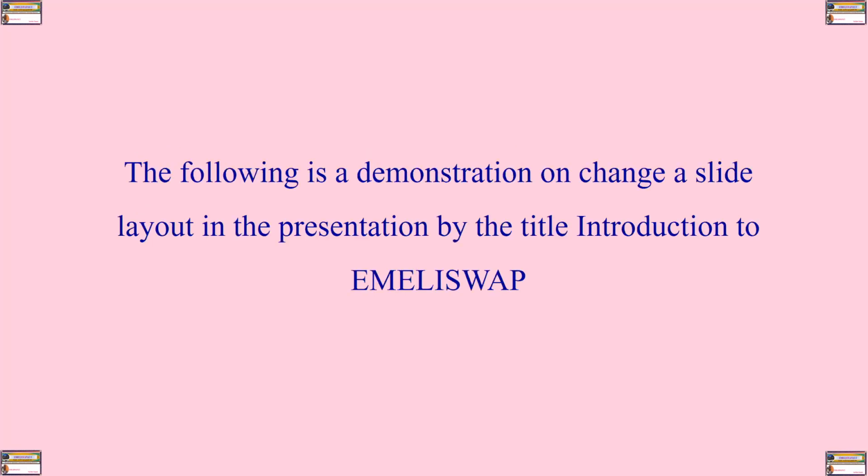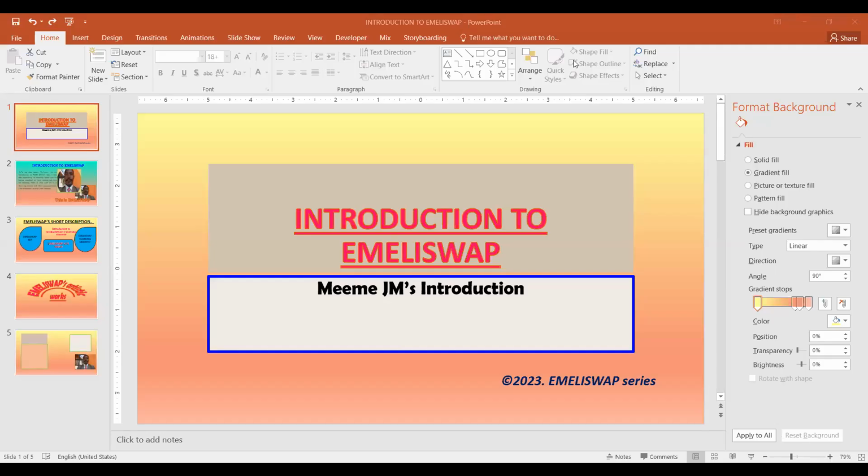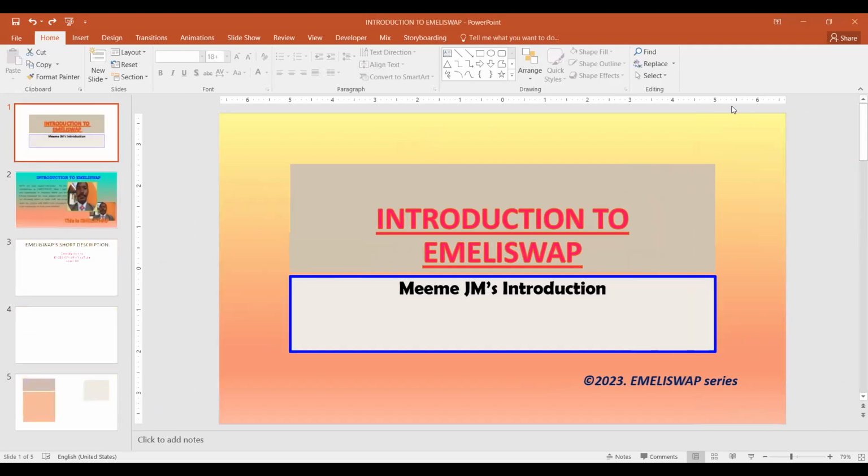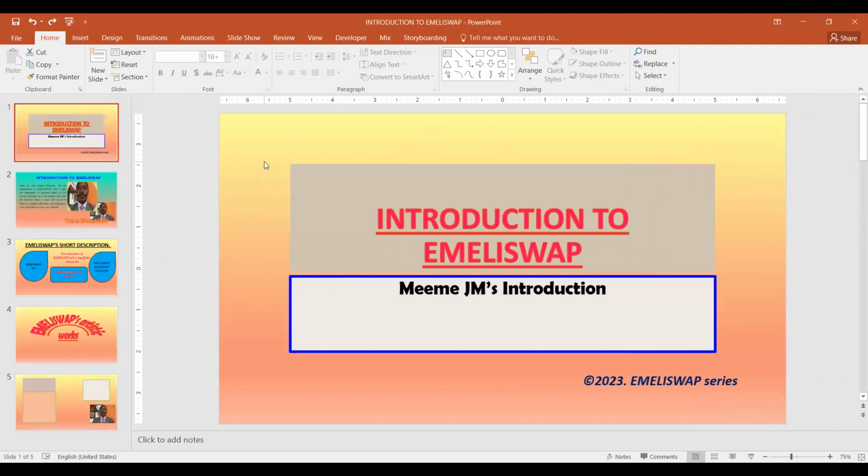So the following is a demonstration on how to change a slide layout in the presentation by the title Introduction to Emily Swap. Now, in this presentation of ours, I want us to change the layout for one of our slides.